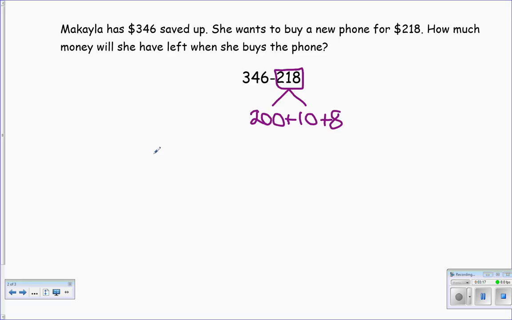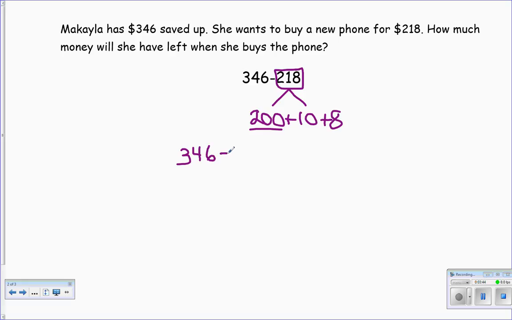Our next step, remember we talked about this yesterday, is to actually begin to subtract. Now, you can choose to start with your ones to subtract, or you can choose your tens or your hundreds. I don't care where you choose to start subtracting first. That's completely up to you. For today, we're going to start with our hundreds. So I'm going to take our number, which is how much money Michaela is starting with, how much she has saved up, 346.